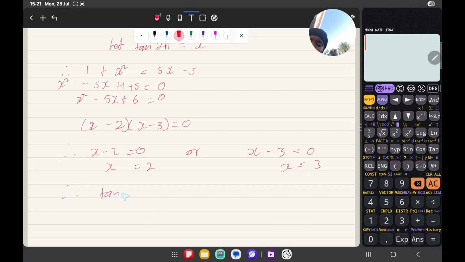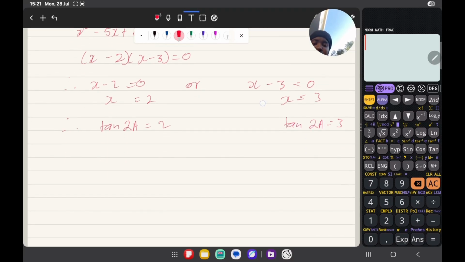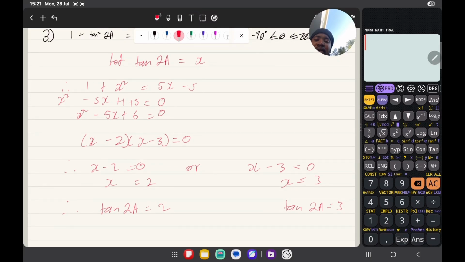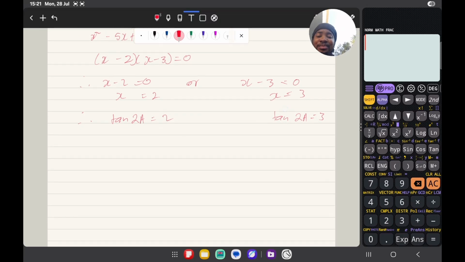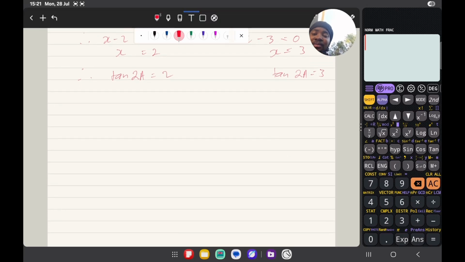Therefore tan 2a equals 2, tan 2a equals 3. You see how easy it was? Yeah, so do practice, man, do practice.